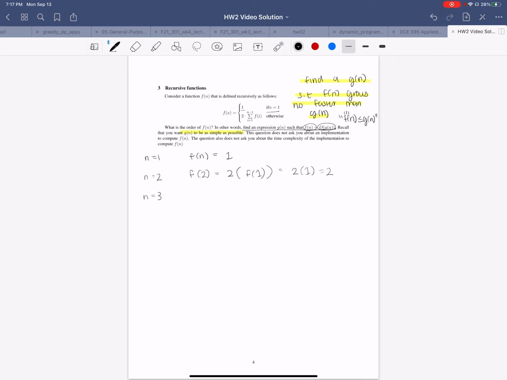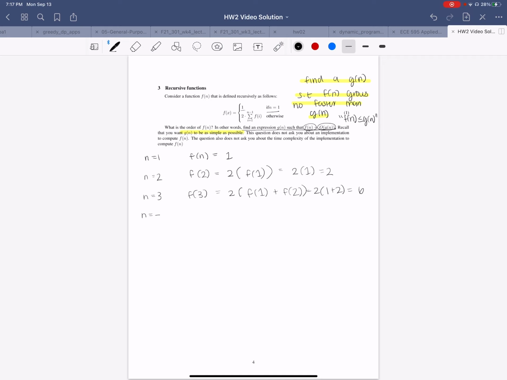When n is equal to 3, we get f of 3 is equal to 2 times the sum from i equals 1 all the way to 2. So f of 1 plus f of 2. So this is just equal to 2 times 1 plus 2, which is 2 times 3, which is 6.